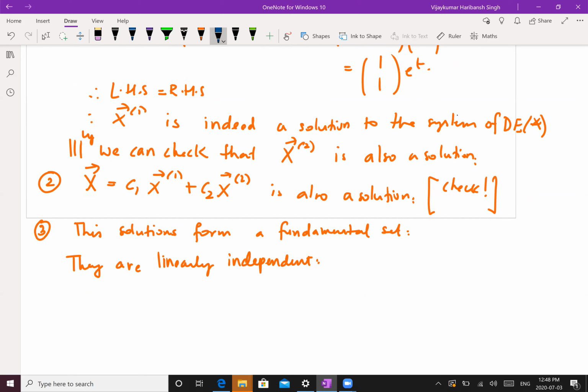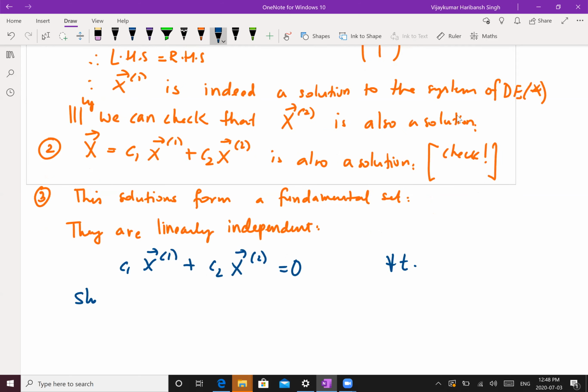How do I show that? Let's take c1 times x1 plus c2 times x2 equal to zero for all t. Then show that c1 equals c2 equals 0 is the only possibility.